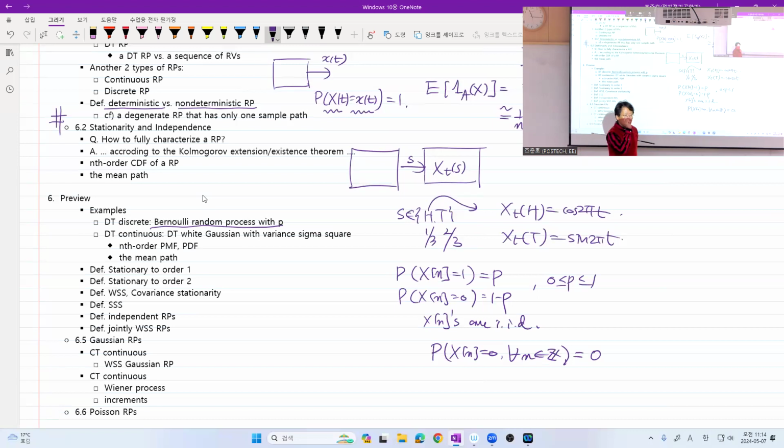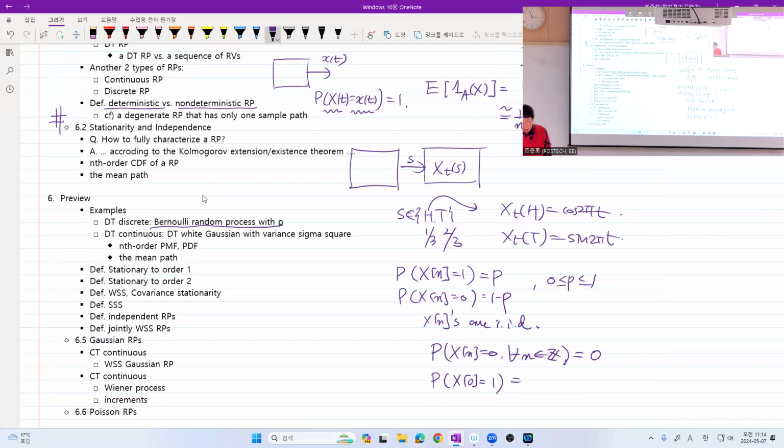So even though an individual sample path has probability 0, if you define something like, okay, you group the sample paths having the zeroth entry equal to 1, then what is the probability of observing one of those sample paths?